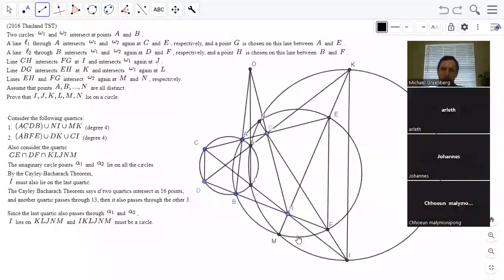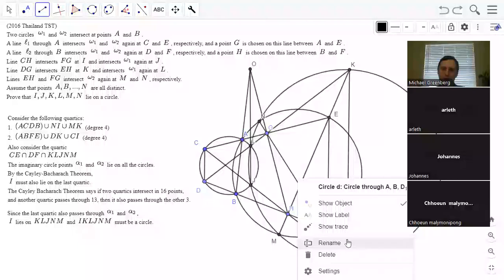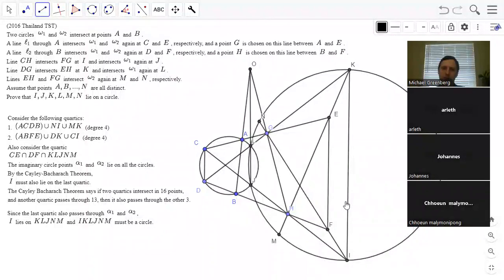So maybe it might be easier to hide this circle. But we know that we're using the fact that that's cyclic. Yeah, I'm gonna hide that circle just for now.